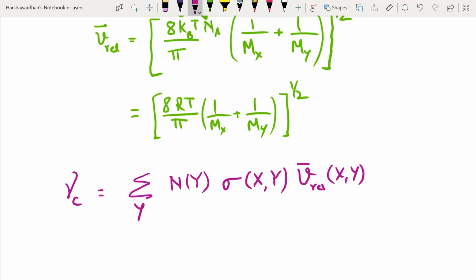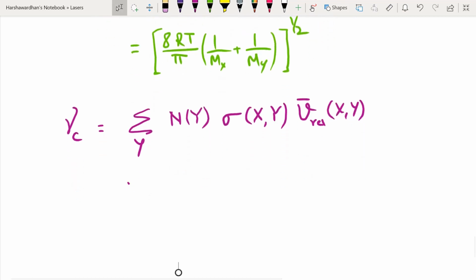And I would like to go a step further, and that is to estimate even the value of sigma. So sigma xy, as I told you, is a collisional cross section. The simplest model to arrive at the collision cross section is that of collision between hard spheres.